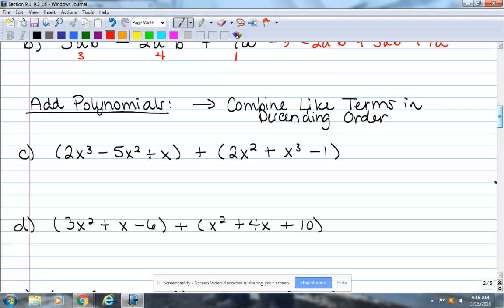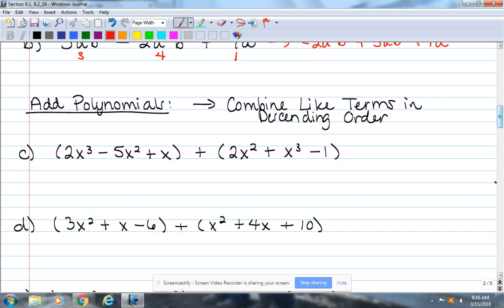So how do you think you know if it's an adding problem or a subtracting problem when you see pluses and minuses everywhere? See how the polynomials are separated by, these are actually trinomials because they both have 3 terms, but they have parentheses around them? Okay? You look between the parentheses, and that tells you what you're doing.